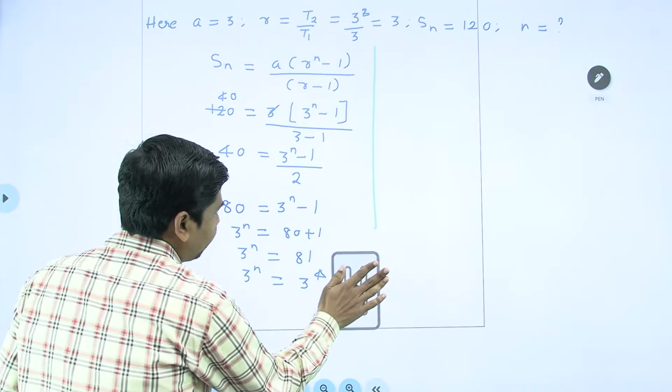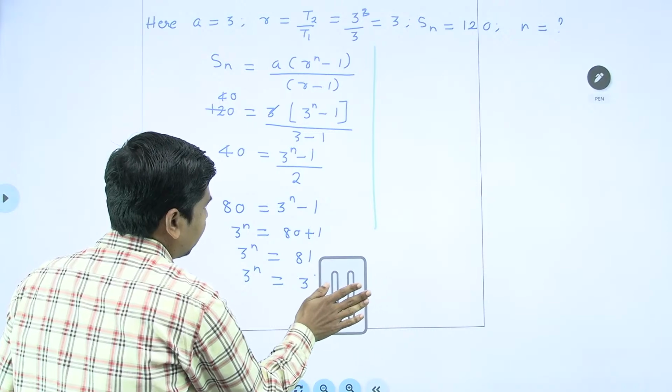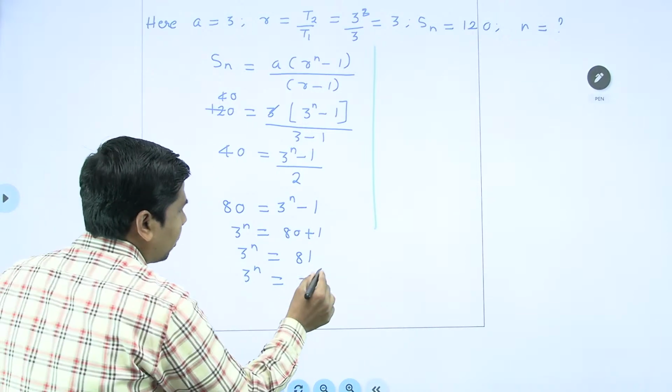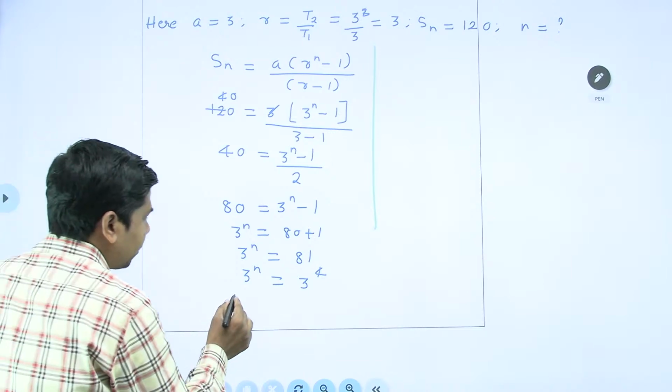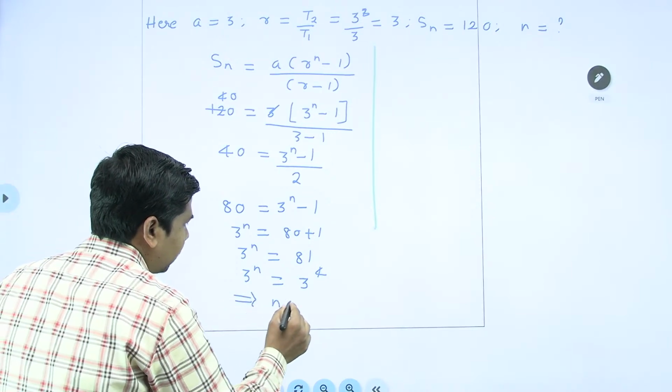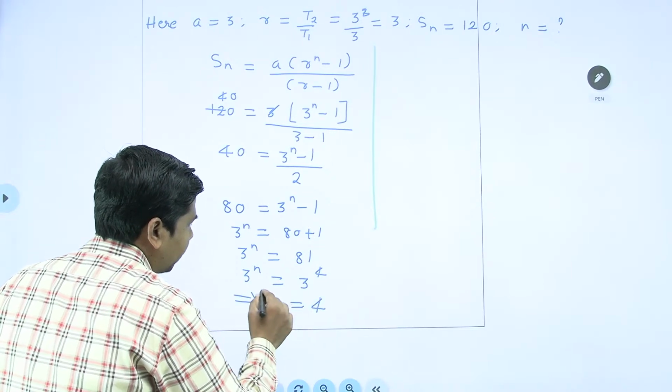The bases are the same, so we can compare the powers. That is, the value of n is equal to 4.